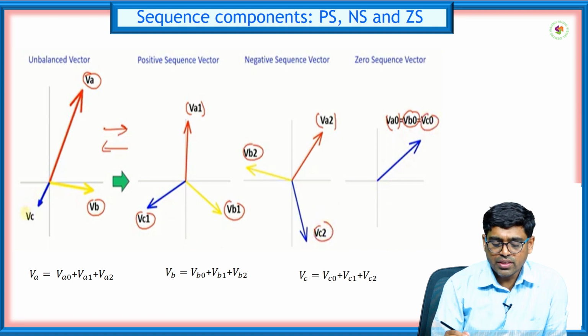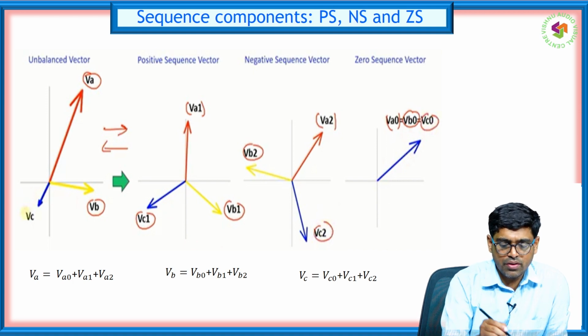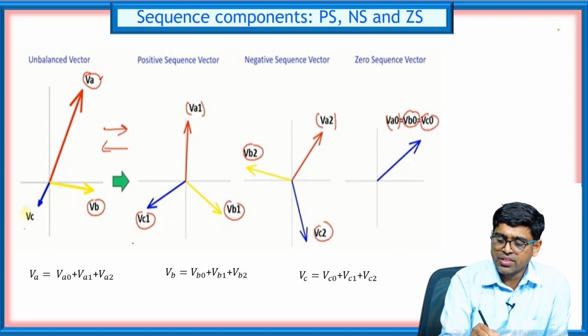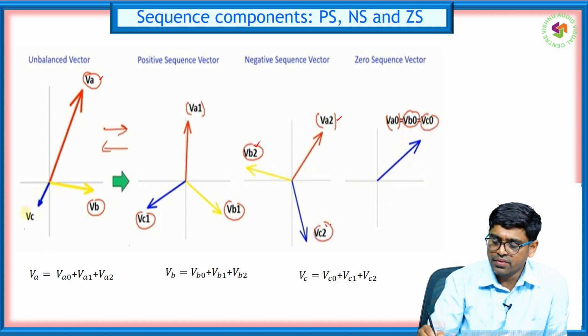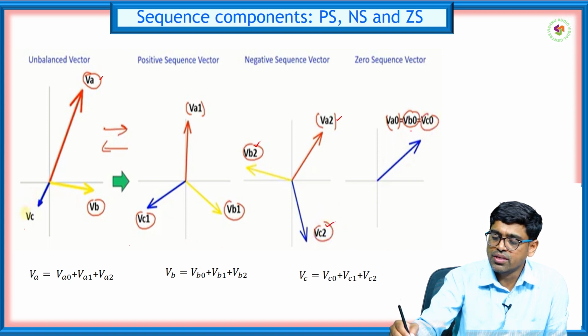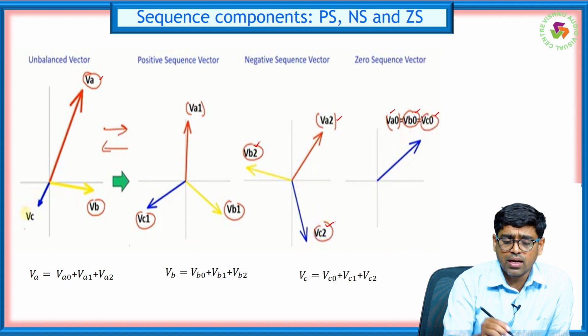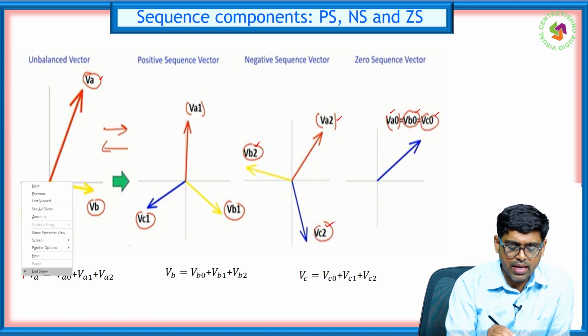So you can see the sequence components: in the positive sequence we have VA1, VB1, VC1, in the negative sequence VA2, VB2 and VC2, and in the zero sequence we write VA0, VB0, VC0. Now VA is an unbalanced vector.